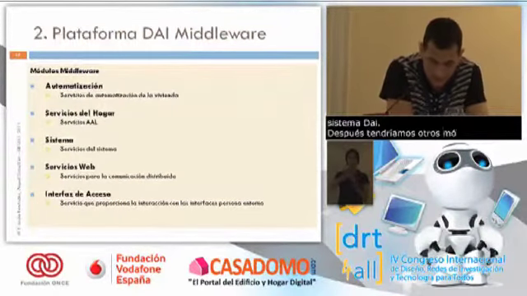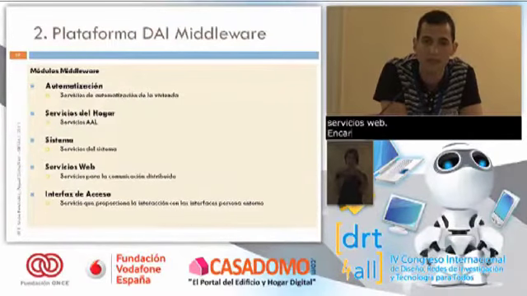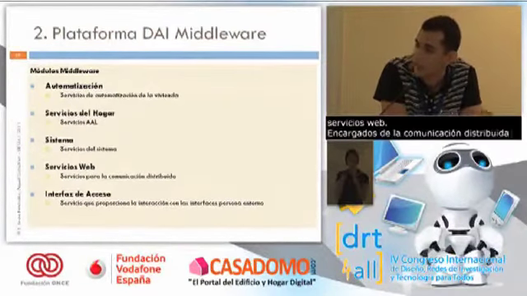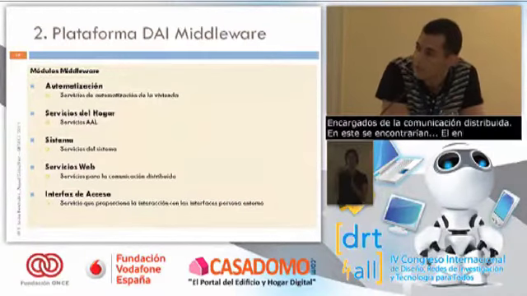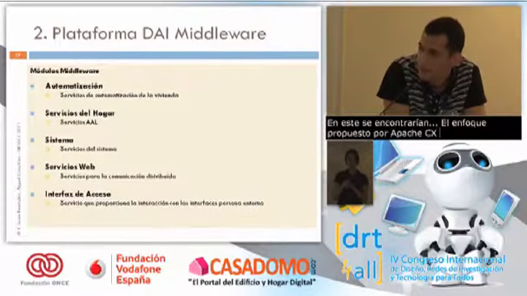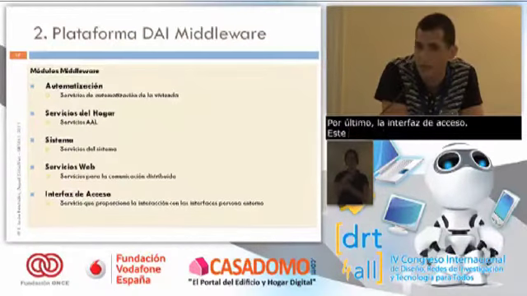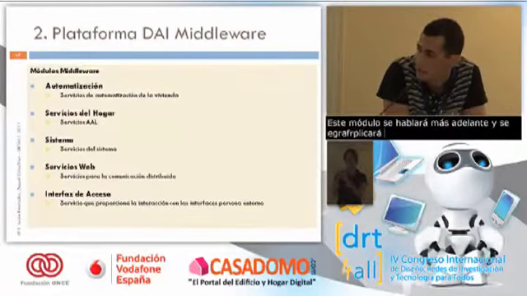And then we have the web services module, which is for distributed communications, and that is the Apache CXF system. And then lastly, the access interface. We'll talk about this module later on, and also give you some examples.